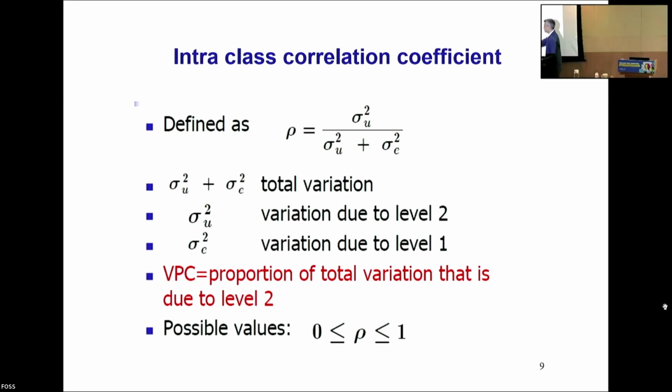So it goes between 0 and 1. Usually we use it as a rule of thumb or as a rubric to say, okay, if 20% of the variance is attributable at the group level, then yes, it looks like it's useful to use a multi-level model. If less than 1% of the total variance is attributable at the group level, then maybe you don't need a multi-level model.